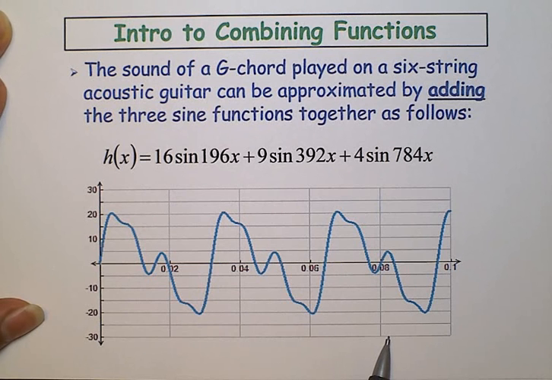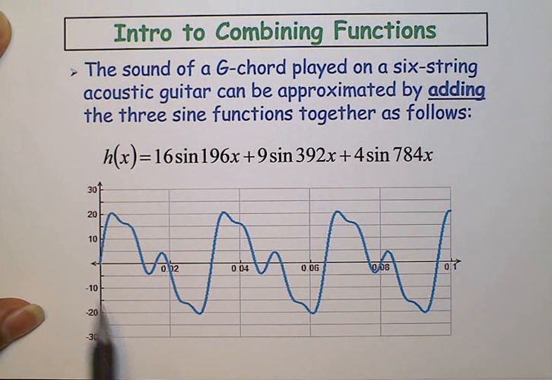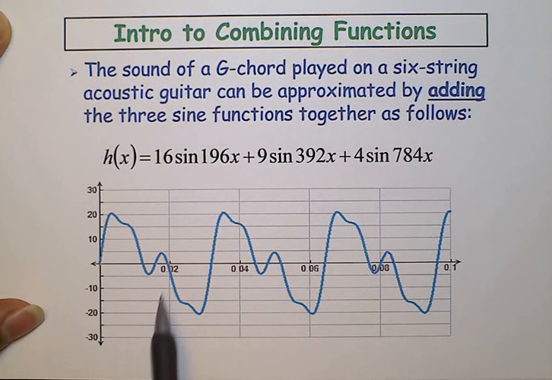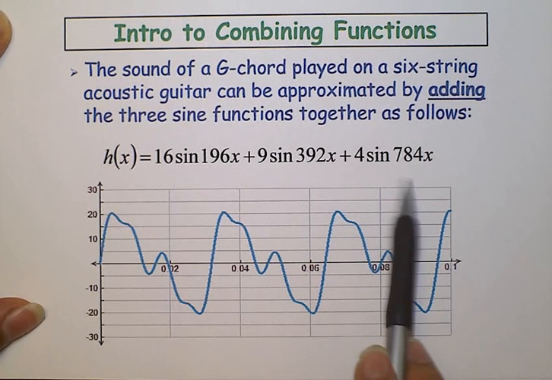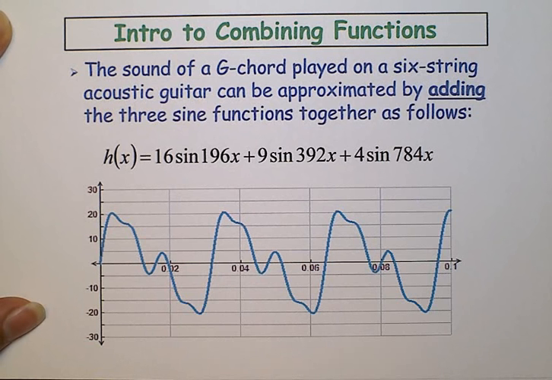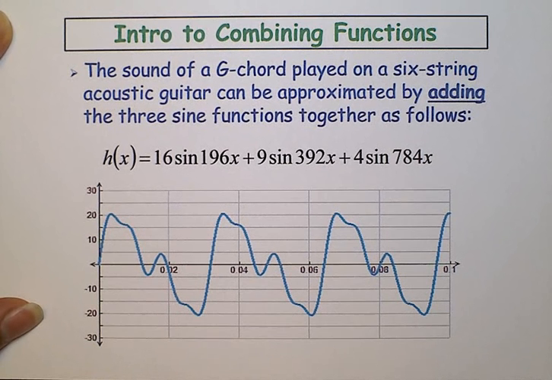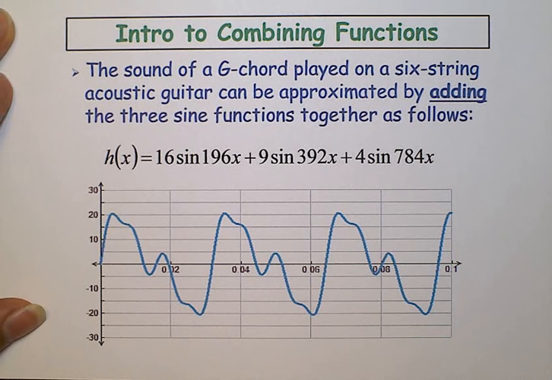And so this is what the sound of a G chord played on a 6-string guitar actually looks like. And you'll notice it is a periodic function. You'll notice that the shape no longer looks like a sine function, because now what you've actually done is combine 3 different sine functions together. Okay, so this is one example of combining functions in the real world.